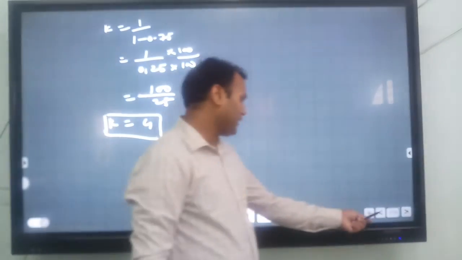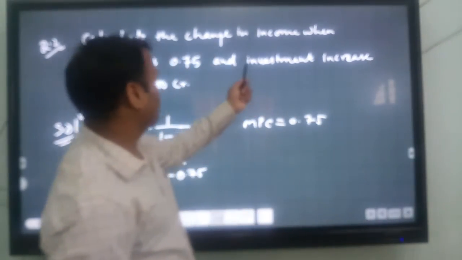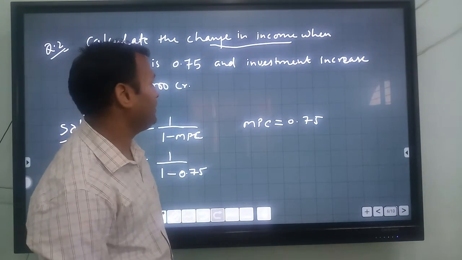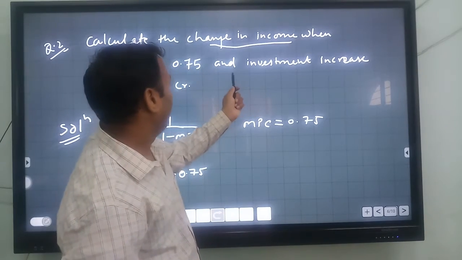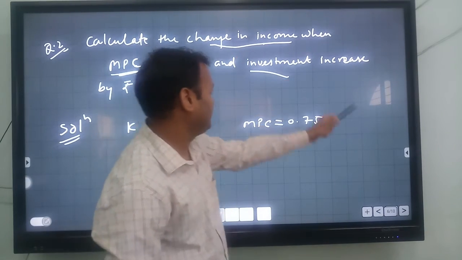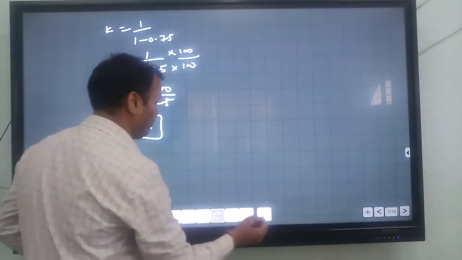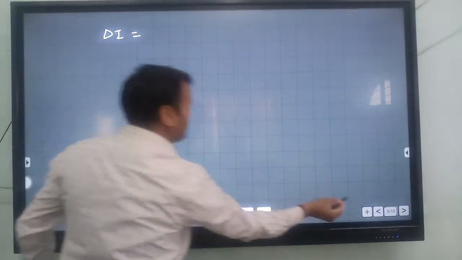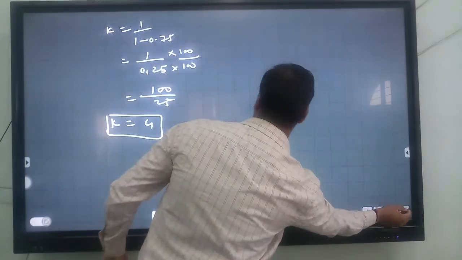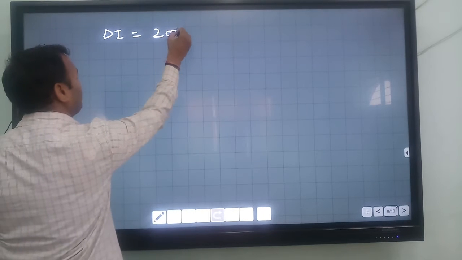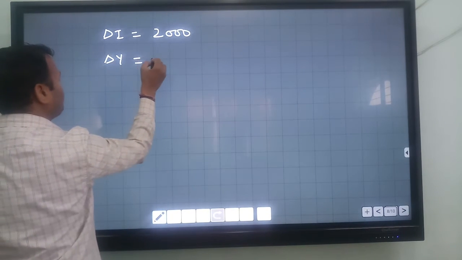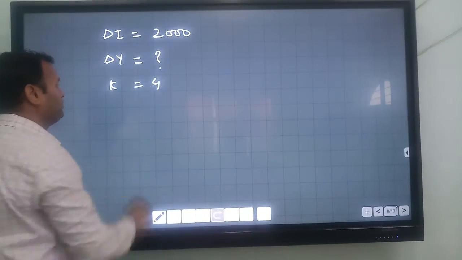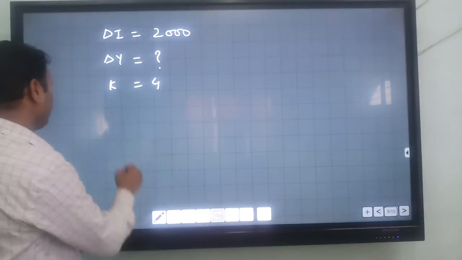But in this question, what will we calculate? We have to calculate the change in income, and the investment is given. So the change in investment is how much? 2000. Okay, and we have to calculate the change in income, and we already calculated the value of K, that is 4.